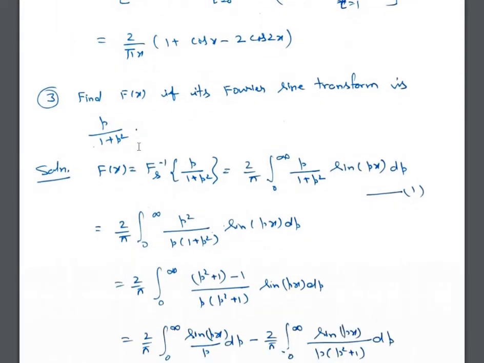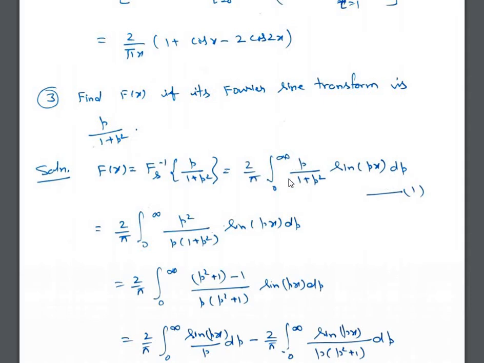Okay, now we take two more examples. Find f(x) if its Fourier sine transform is p upon 1 plus p square. So by definition, f(x) is Fs inverse of p/(1+p²), which is equal to 2/π times the integral from 0 to infinity of p/(1+p²) sin px dp.